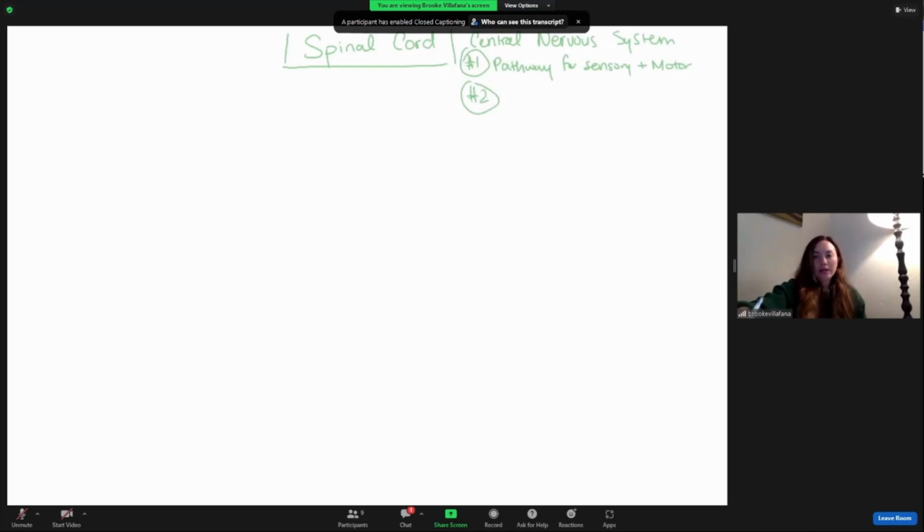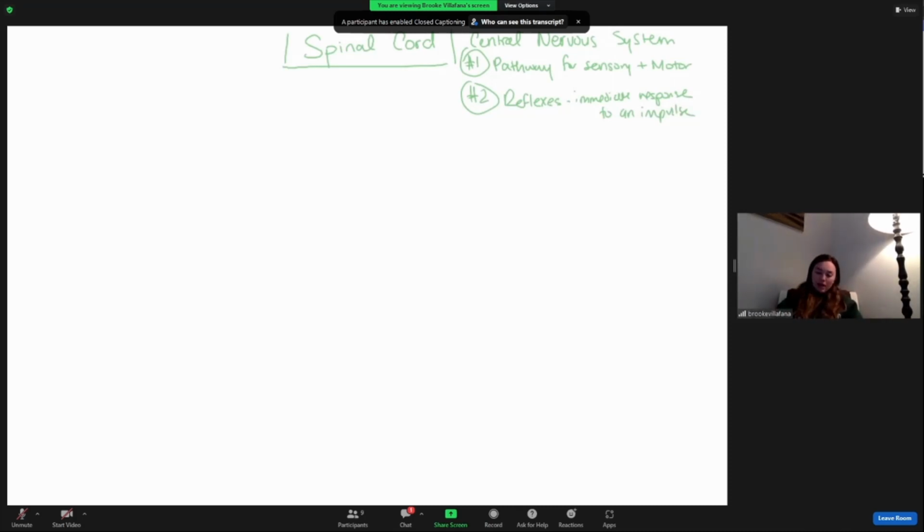And then your brain sends back a command and it travels down as motor. The second function is reflexes. So reflexes are those immediate responses to an impulse, and we will talk about those as well. All right, so that's the two functions of the spinal cord.